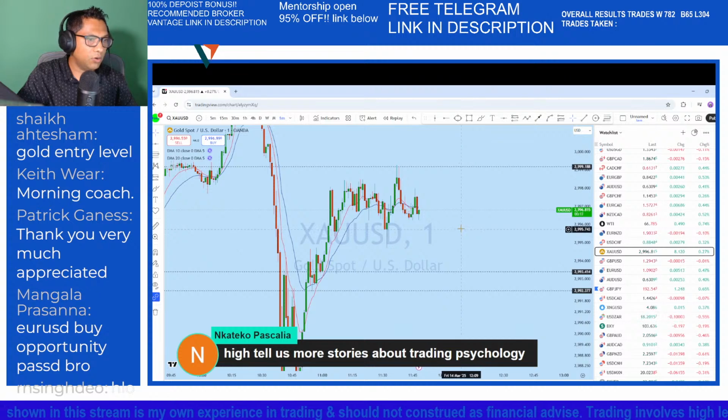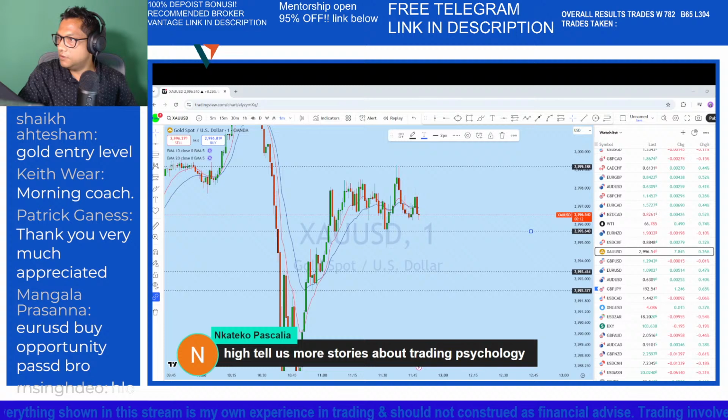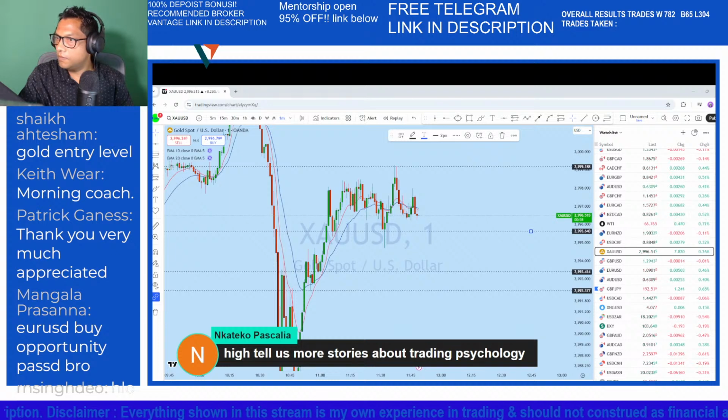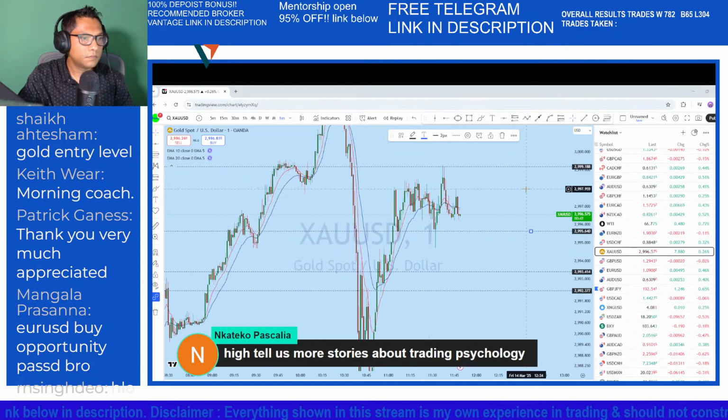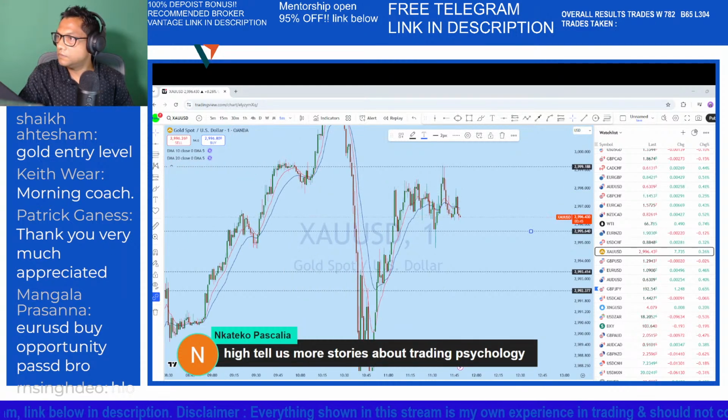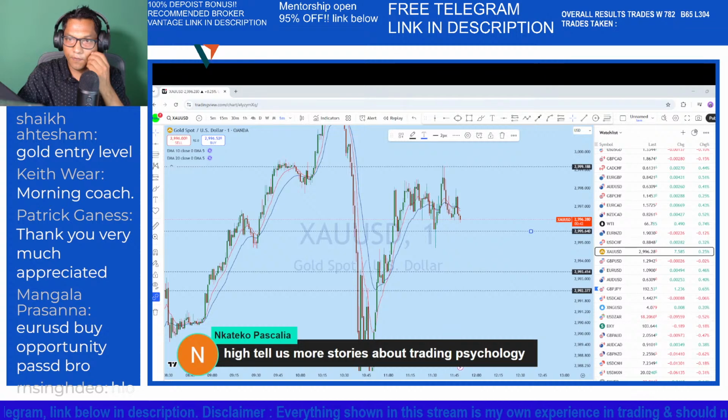So if you look at here below this level, in that level, we'll be placing the pending order. So placing a pending order in that area on XAUUSD.